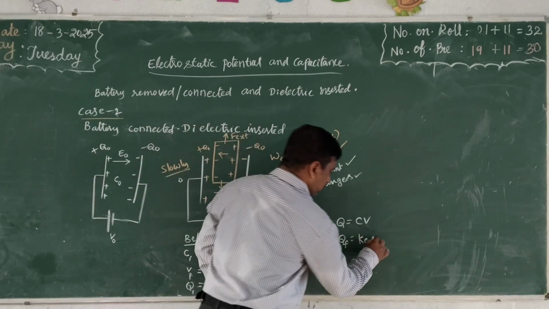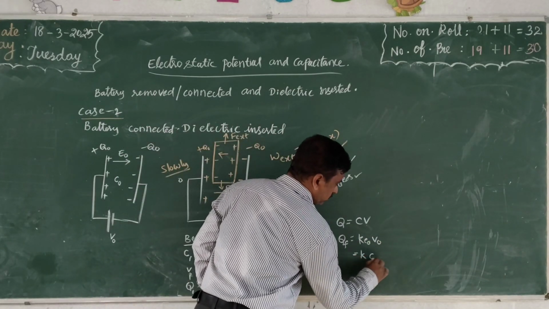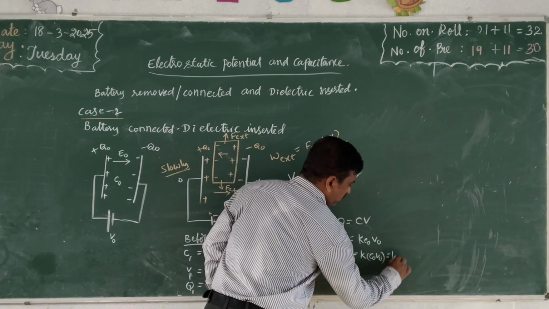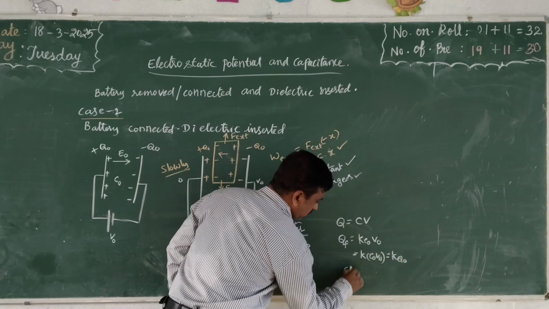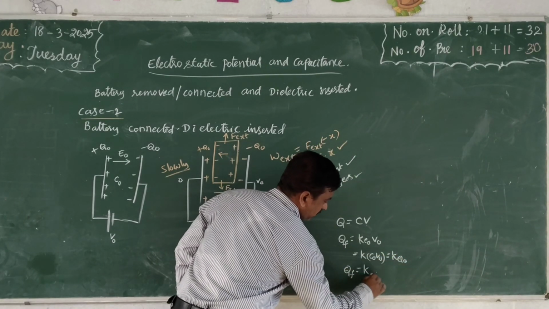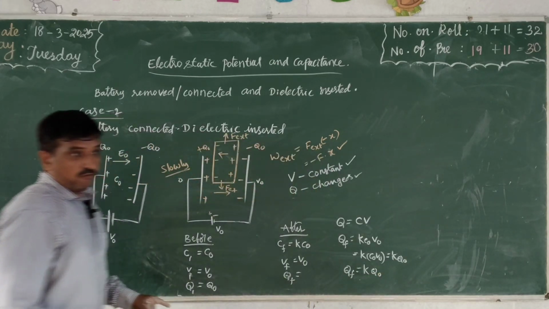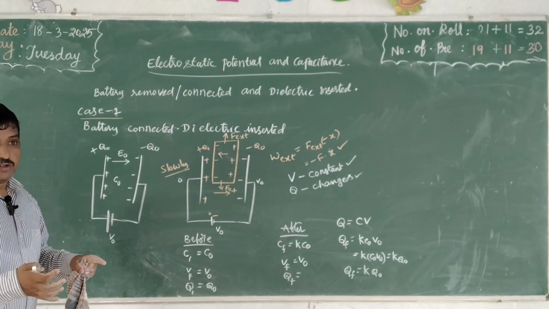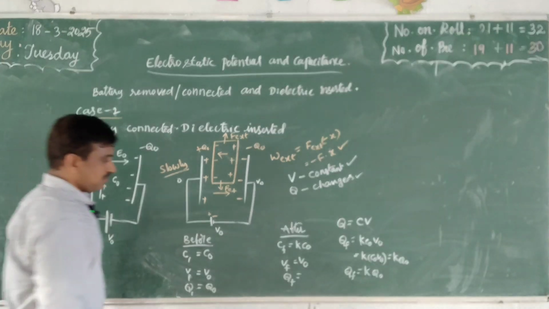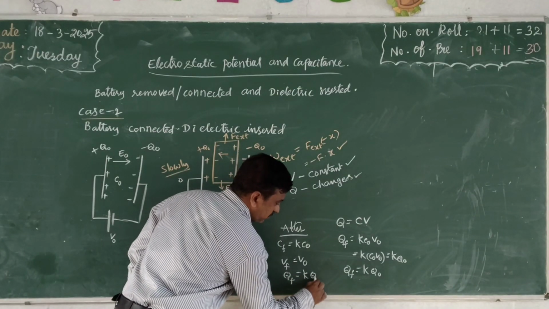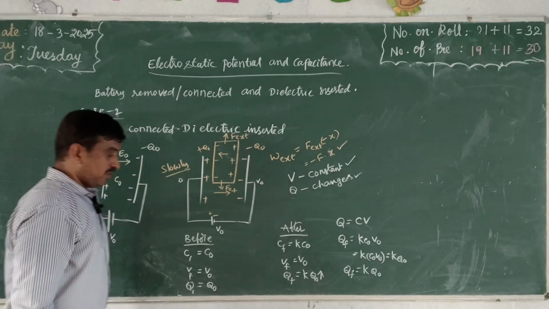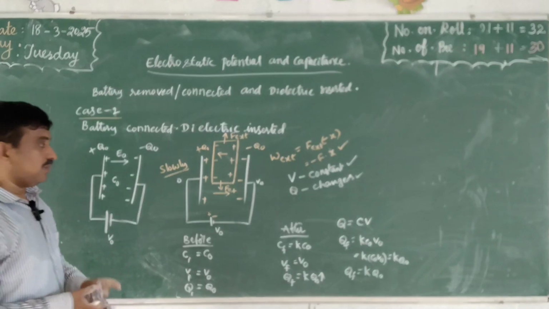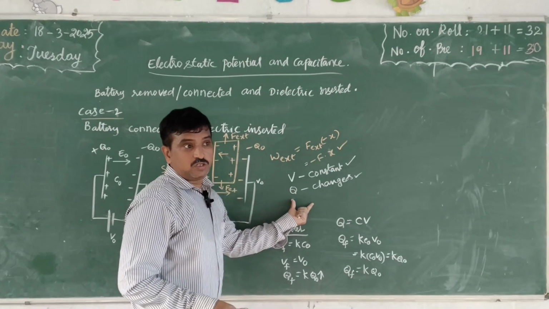So we can write K into C naught V naught. C naught V naught is Q naught only, so the final charge is K Q naught. When the battery is connected and the dielectric inserted, the charge increases K times. The potential is constant, the charge increases K times.